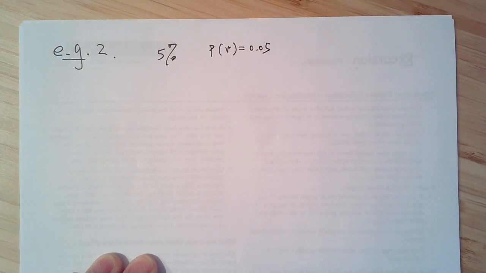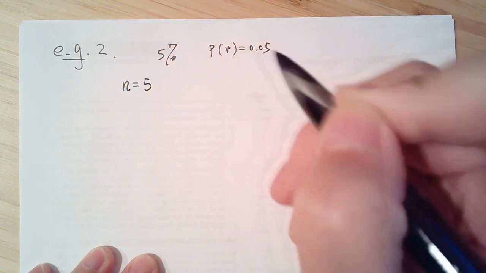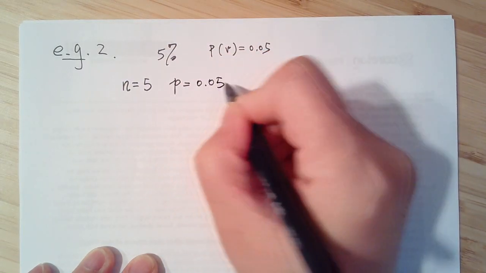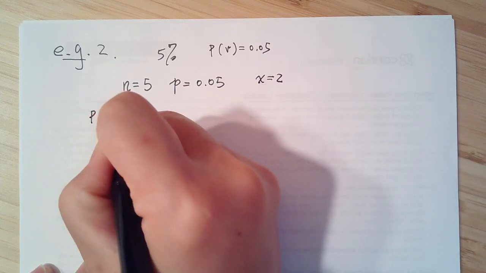If we randomly select 5 adults, find the probability that exactly 2 out of the 5 are vegetarians. So N equals 5, P equals 0.05, and X equals 2. I ask you, what is the probability that X equals 2?